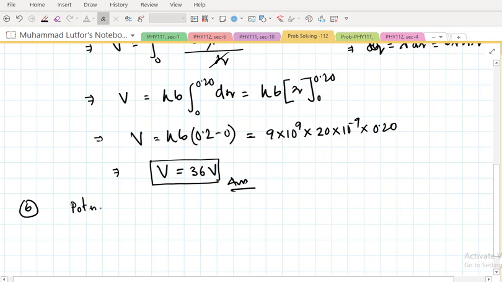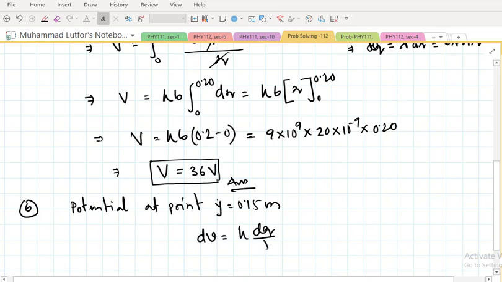We will write the differential potential at point Y equal to 0.15 meter. We can write dV would be k dq over r, where we can replace dq with lambda into dx, and r can be replaced with root over x square plus y square.